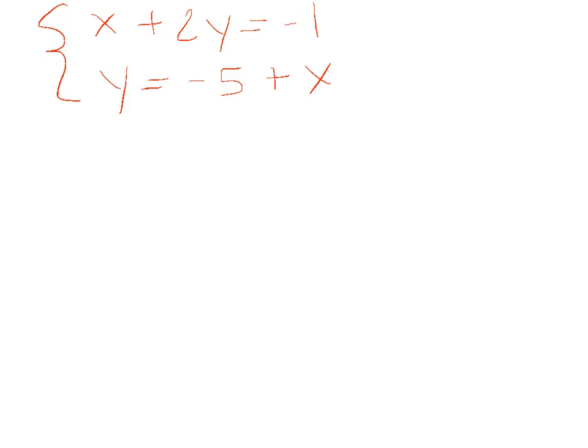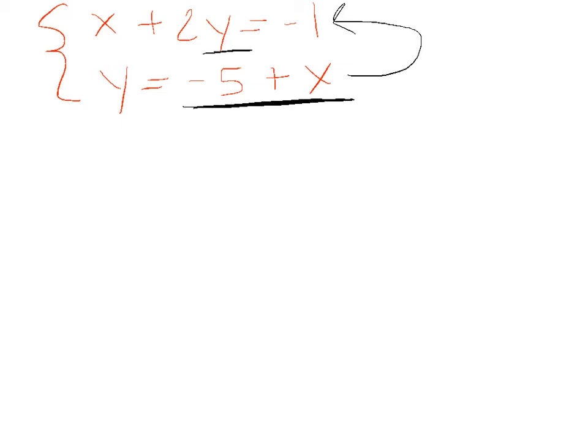I've got x plus 2y equals -1, and y equals -5 plus x. Since I solved the bottom equation, I'm going to plug it in for y up here. So wherever I see a y, I'm going to replace it with x minus 5.